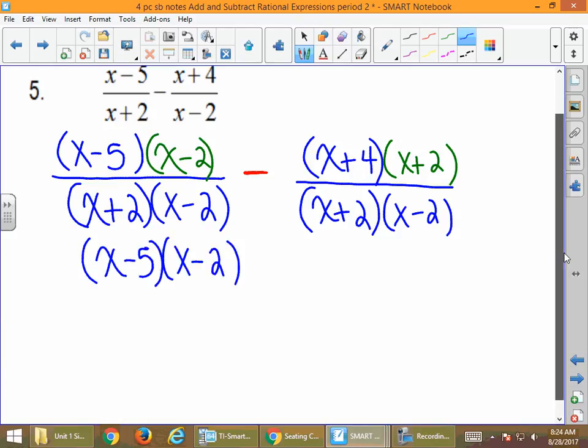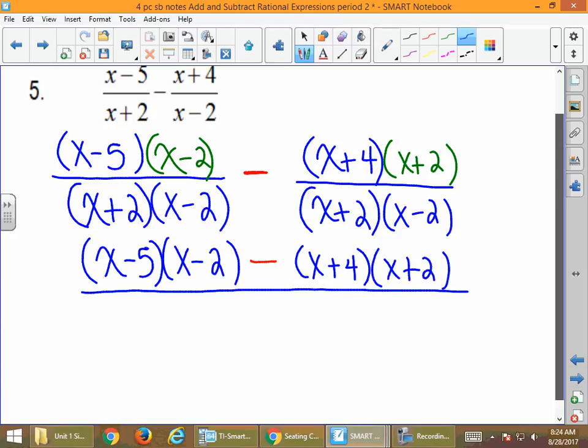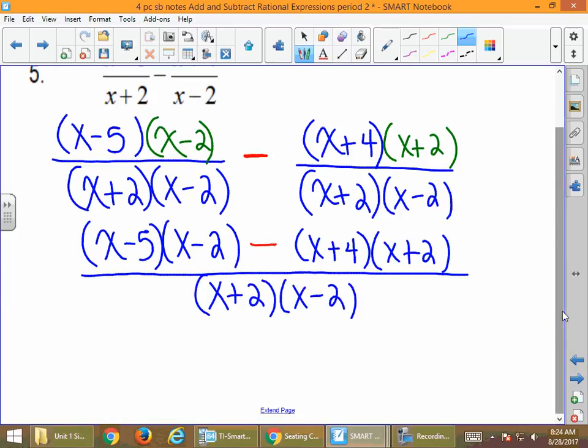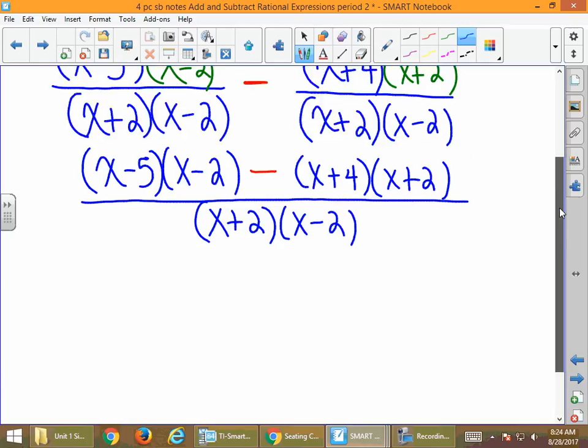It's going to be x minus 5 times x minus 2, minus x plus 4 times x plus 2, all divided by the common denominator of x plus 2 times x minus 2.